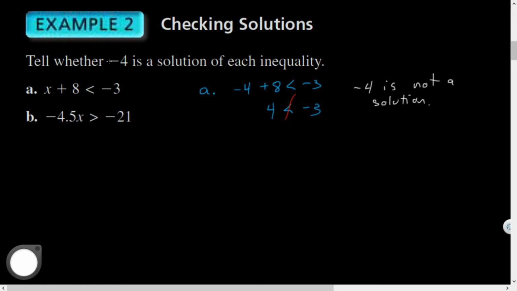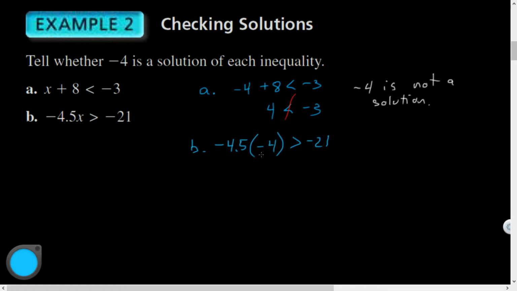I plugged -4 in for the variable. Well, let's see, here's the little x, so let's check that out. So here's b. I'd write -4.5 times, and instead of x, write -4. And is that greater than -21?